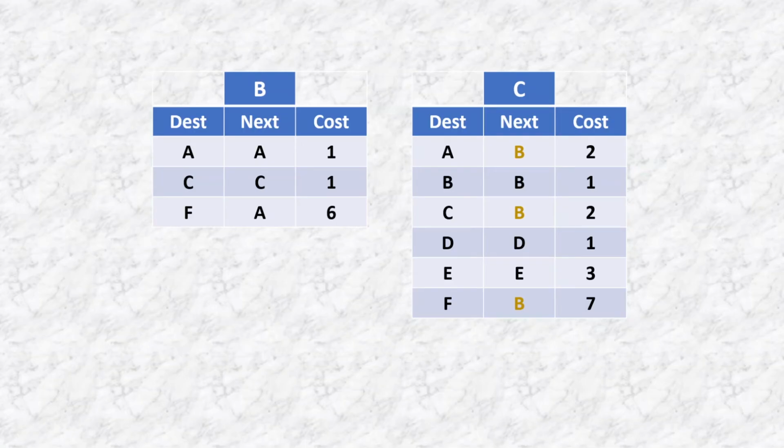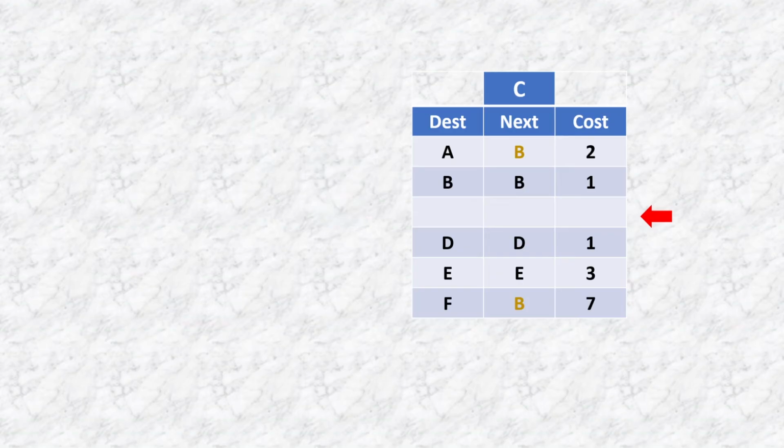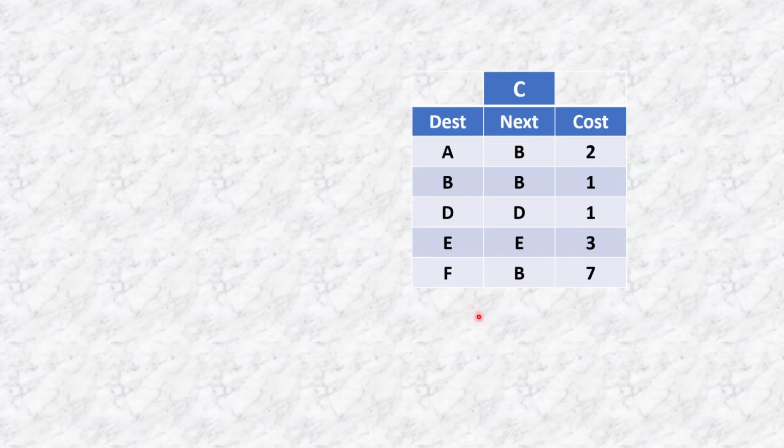The moment we start inspecting this table at node C, we see there is a problem. It's telling us that we can go from C back to C at a cost of 2. No, if we're at C, we don't have to pay anything to stay at C. The cost is 0. So that's pretty useless information. We can wipe that. We end with a table that has all these entries.